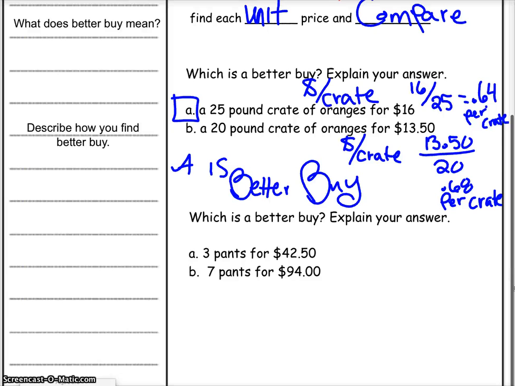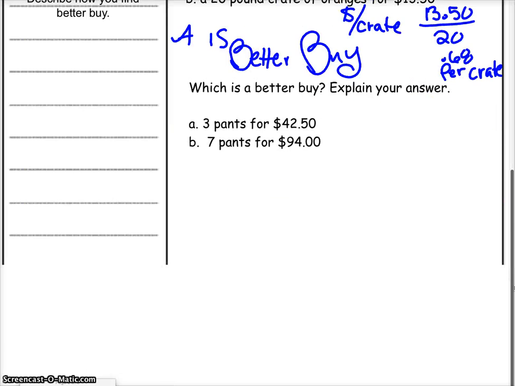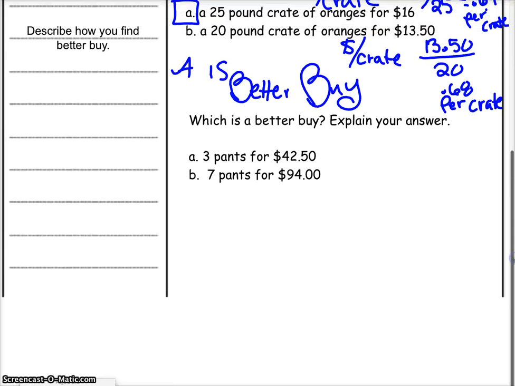3 pairs of pants for $42.50 or 7 pairs for $94. Which one? So what's my unit rate? What am I looking for? Dollars per what? Good. Dollars per pants. That's what I want to figure out. How much for one?